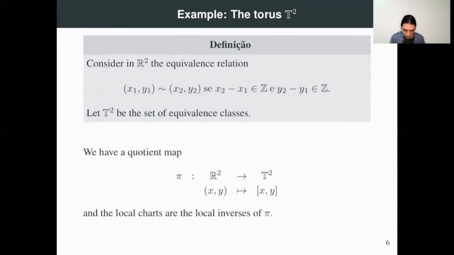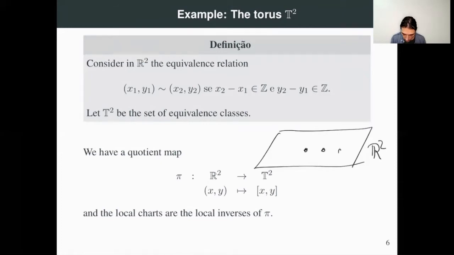You have to consider that we are working in the plane R2, and when we have a point, the points that belong to the same equivalence class are the ones obtained by adding to our point an integer vector, a vector whose coordinates are integer numbers.